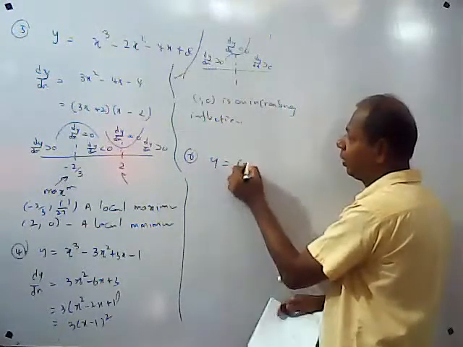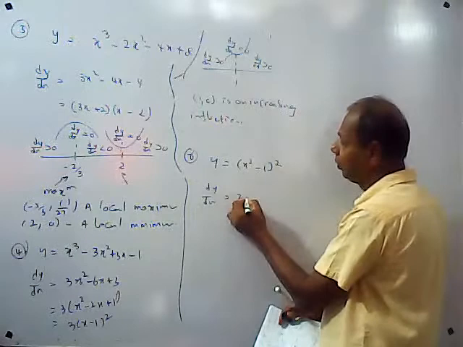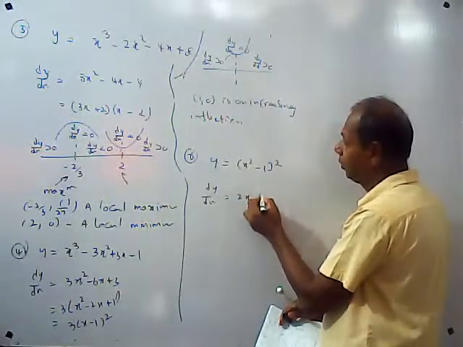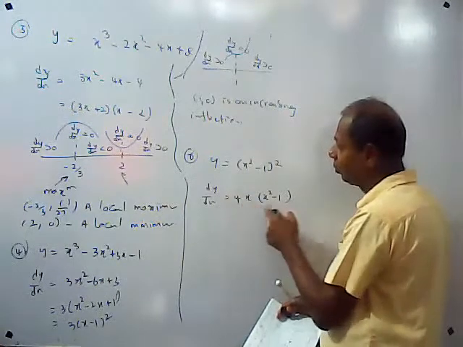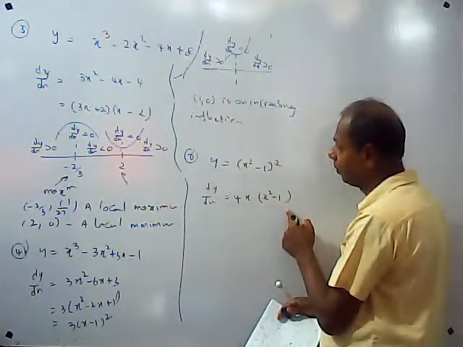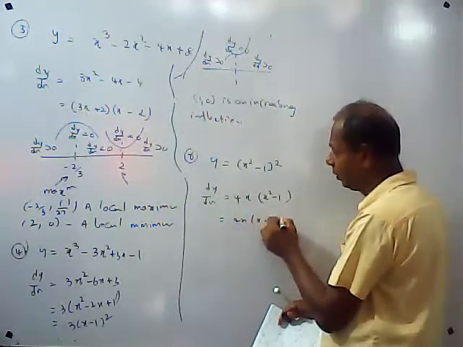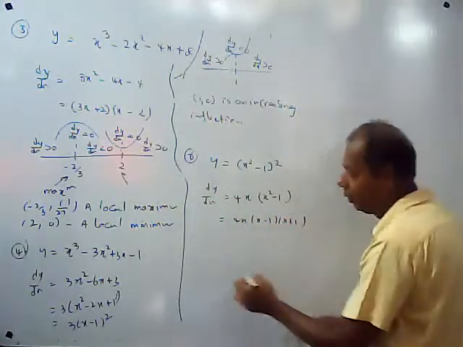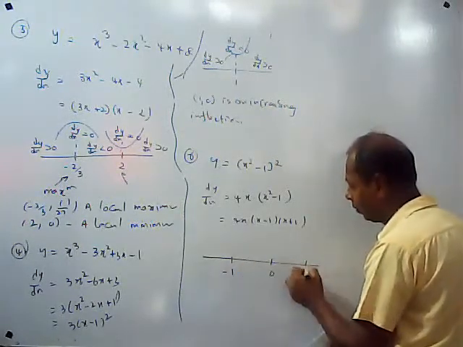y equals (x squared minus 1) squared. So dy by dx is 4x times (x squared minus 1). Make factors: 4x, x minus 1, x plus 1. In the real number line you mark minus 1, 0 and 1.